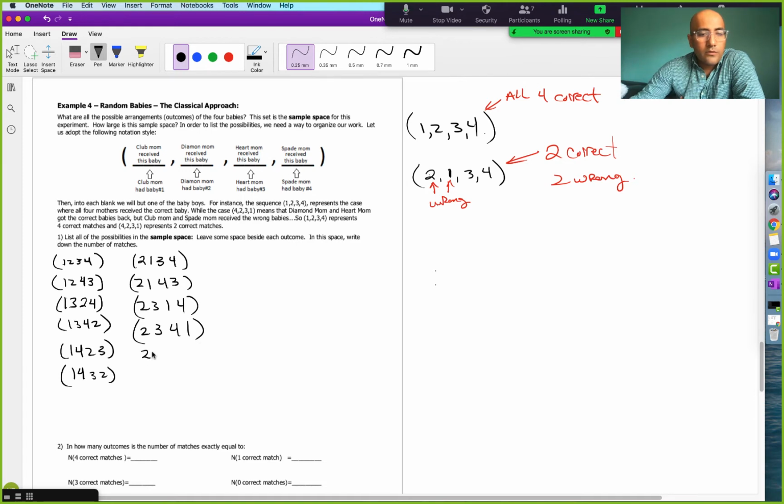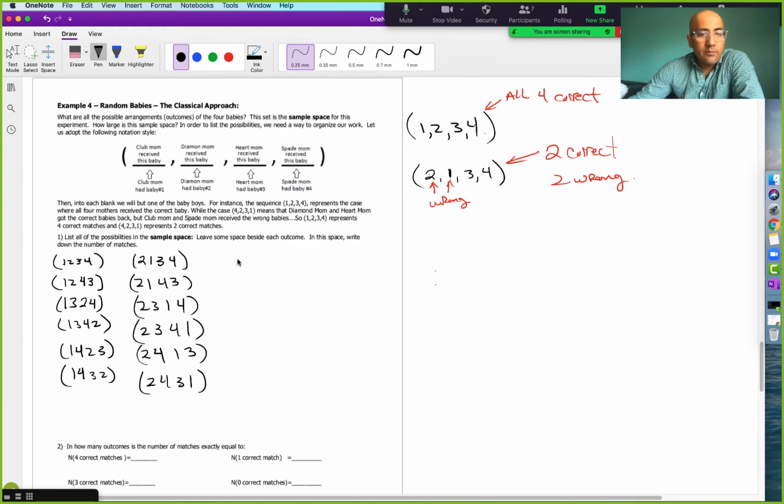Good. Or 2, 4, 1, 3, or 2, 4, 3, 1. Good. So this is every possible way in which baby number 2 goes to house number 1.